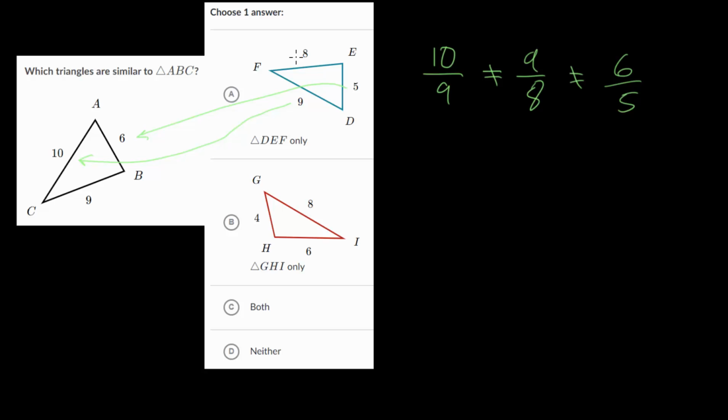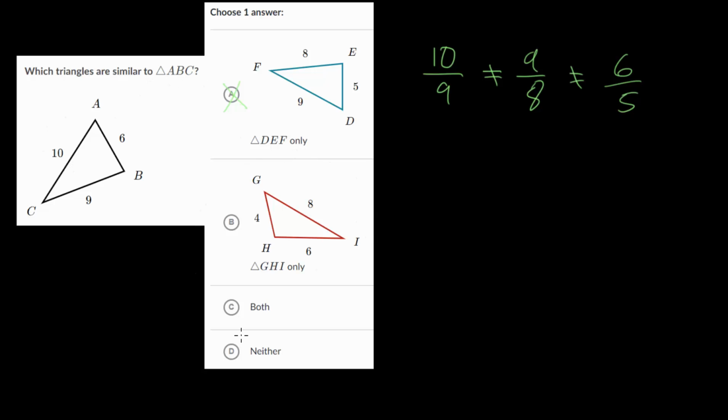But if we go from the middle side of the smaller one to the middle side of the bigger one, we are multiplying by 1.125. So it's not the same number that we're multiplying by to go from one side of the smaller triangle to its corresponding side in the bigger triangle. Or in other words, this triangle DEF is not similar to triangle ABC.